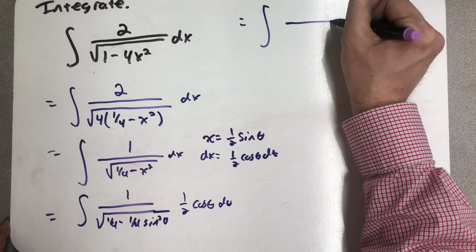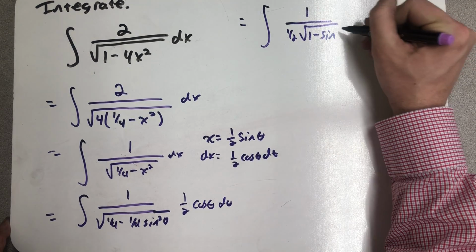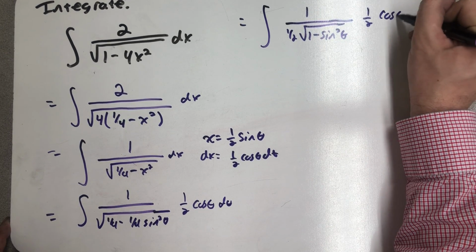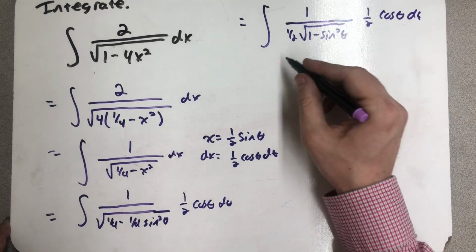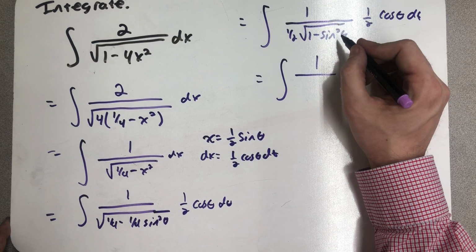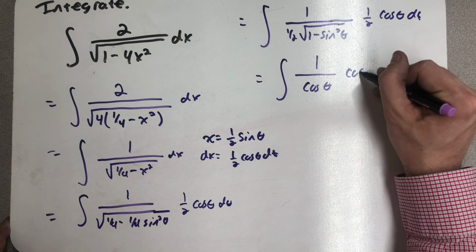So I'd have a 1/2 hanging out down here and a 1 minus sine squared theta under a square root. Well, the 1/2's definitely cancel. I have 1 minus sine squared is cosine squared under a radical, cosine theta.